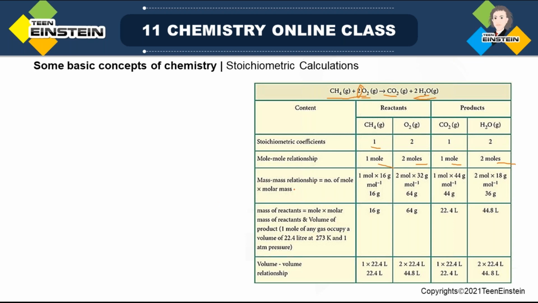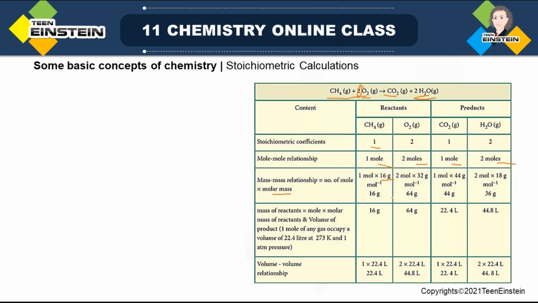If we express it in a mass-mass relationship, mass is equal to number of moles multiplied by molar mass, because when you multiply the number of moles of each species with their corresponding molar mass, you get the mass of that particular species. Here, it is 1 mole of methane, and methane molar mass is 16, 1 carbon 12, 4 hydrogen 4.